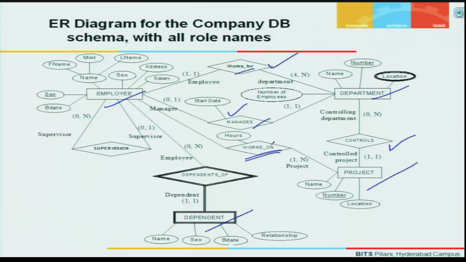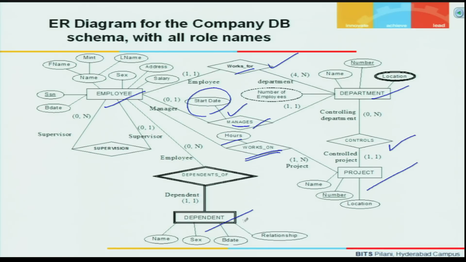If you carefully observe, the relationship manages between the employee and department entity types has a specific attribute which has come up because of this relationship and is attached to the relationship manages. Similarly, there is a specific attribute attached to the works on relationship between the employee and project types, which indicates what employee has worked for what number of hours on a particular project.